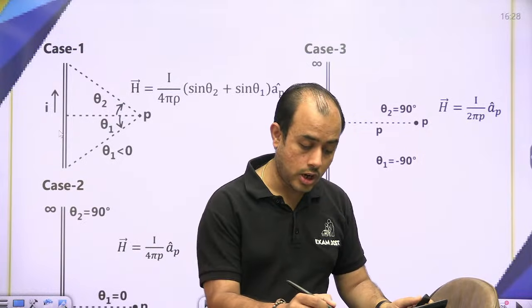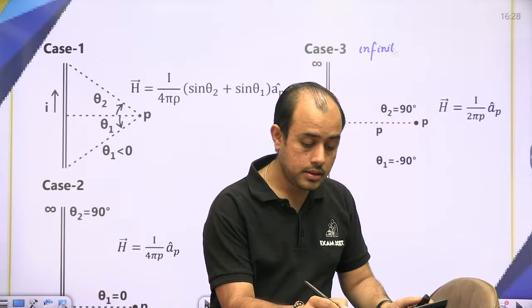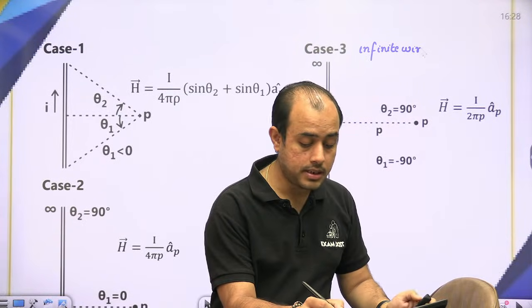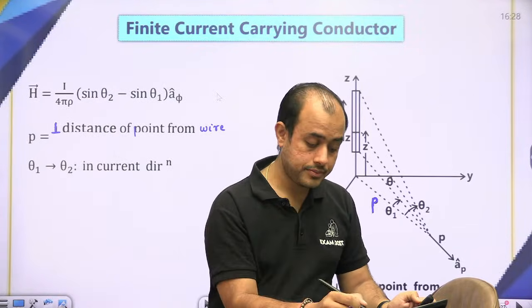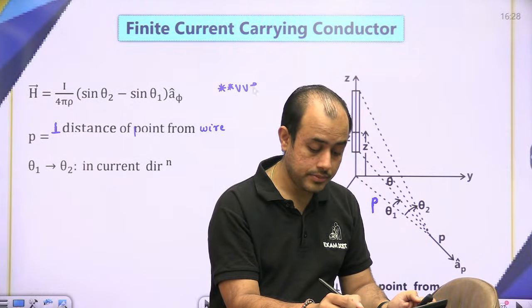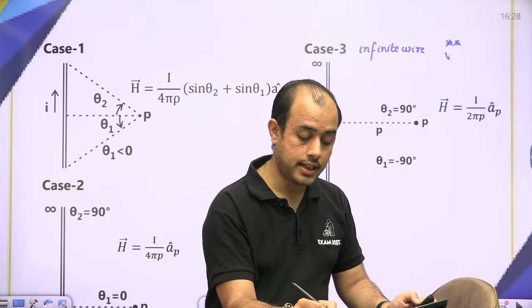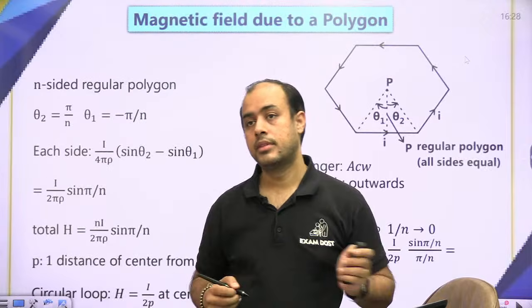This is the case of infinite wire. Okay? So you remember the case of the finite wire. This is very, very important. And this also. The rest of the cases are not very important.